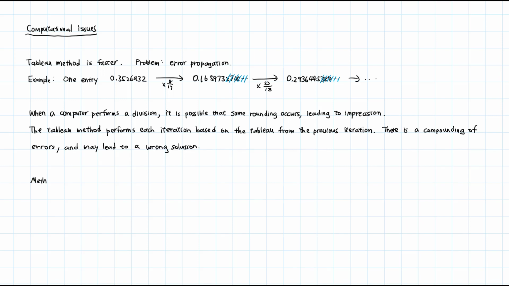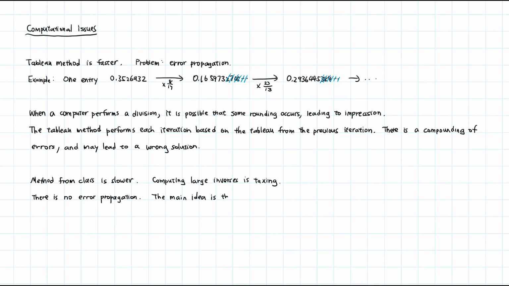Now let's consider the method we have from class. It is certainly much slower. The main reason being, computing large inverses is very taxing. The upside to this method is there is no error propagation. The main idea of the method from class is that we are only keeping track of what is the current basis.